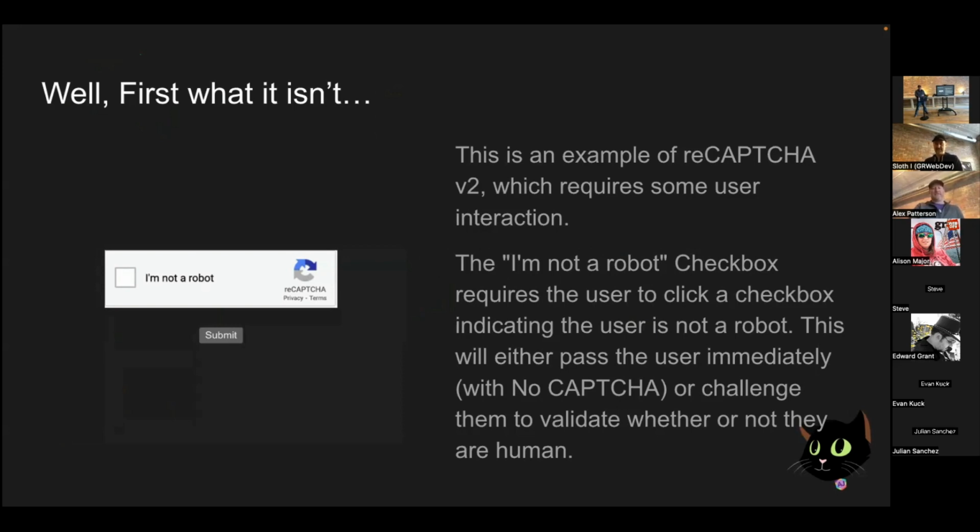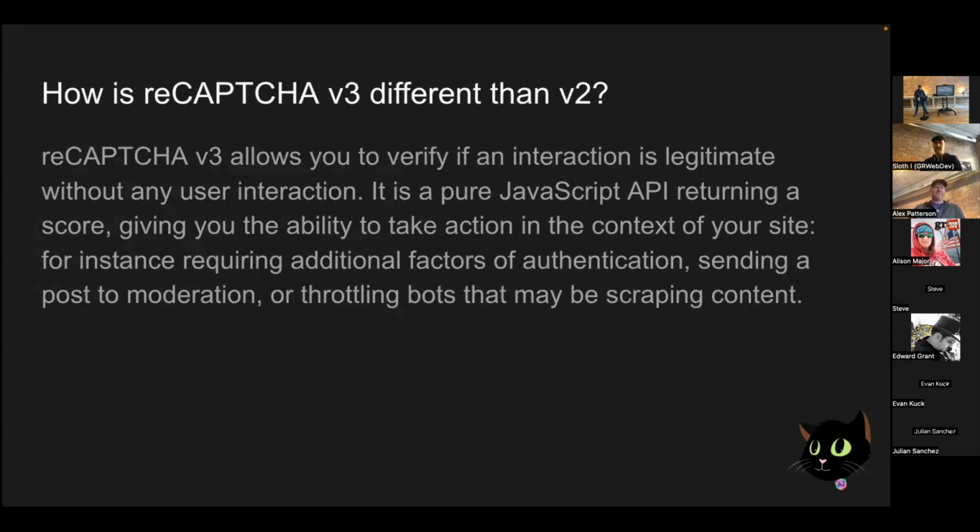That's version 2, which requires some user interaction. Version 3 does not require user interaction. Version 3 allows you to verify if an interaction is legitimate without any user interaction. It's a pure JavaScript API returning a score, giving you the ability to take action in the context of your site.